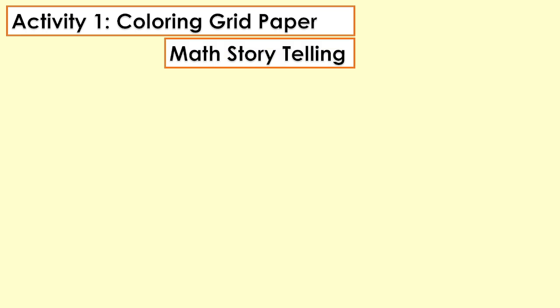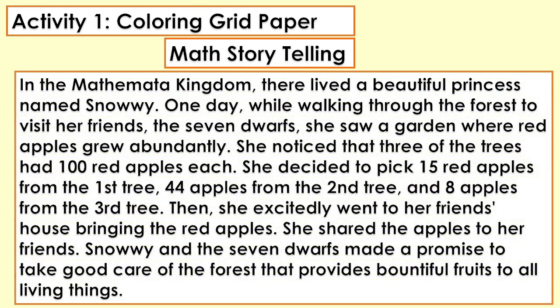Activity 1, coloring grid paper. I have here a math storytelling. In the Matatag kingdom, there lived a beautiful princess named Snowy. One day, while walking through the forest to visit her friends, the 7 dwarfs, she saw a garden where red apples grew abundantly. She noticed that 3 of the trees had 100 red apples each.